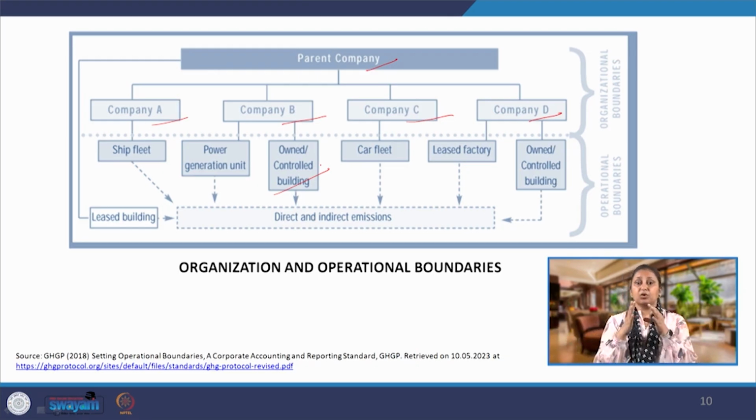All the emissions which are directly resulting from these 3 are part of this organization itself, and when we go into operations within these specific ones, we will get the direct emissions, and we will also get the indirect emissions from the organization of these 3 campuses, which is part of IIT Roorkee as a parent organization. This is what we are talking about.